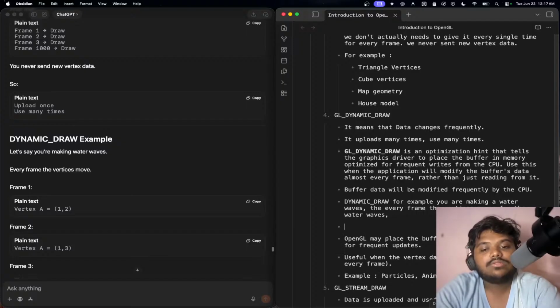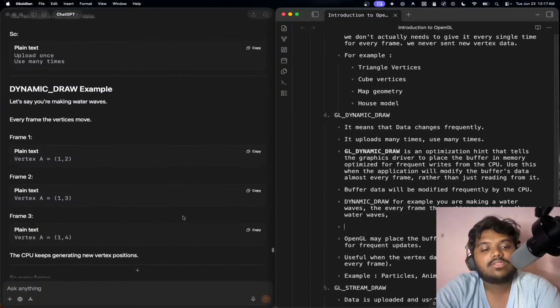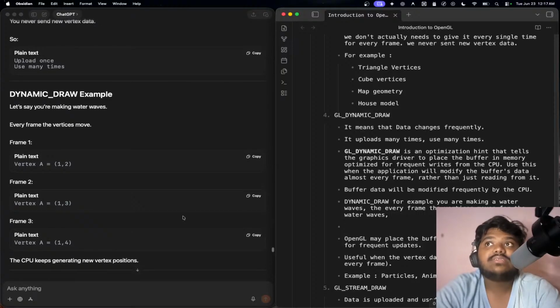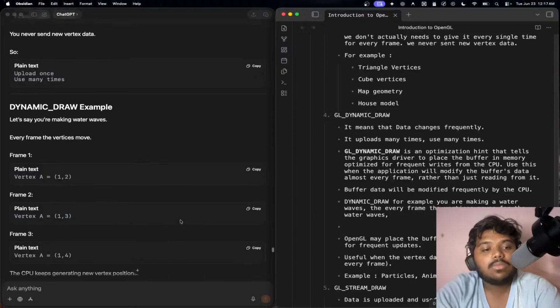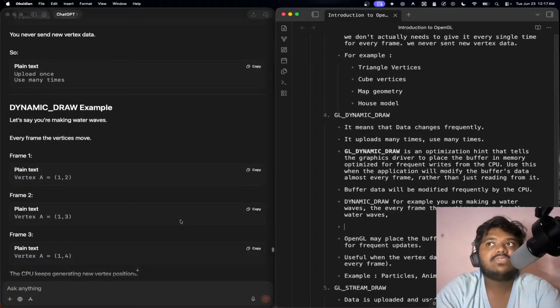Okay, so that's supposed to look like this. Can I take a screenshot of that? I think it might be useful. The vertex a equals 1 comma 2 and then 1 comma 3, so the vertices are changing every time.